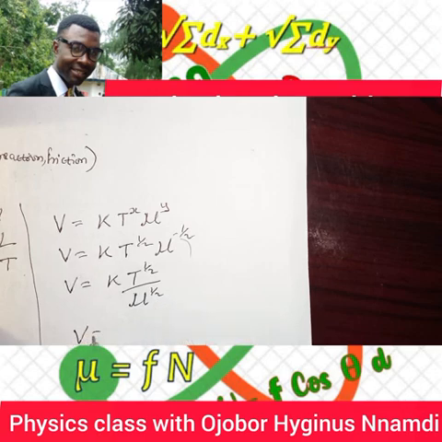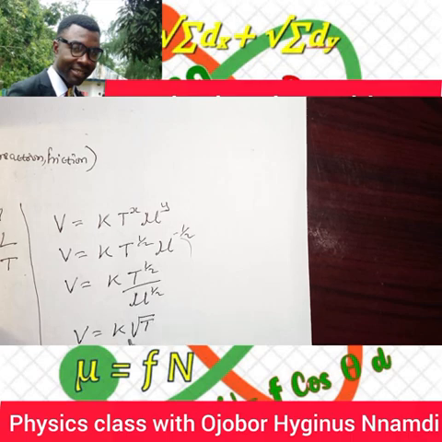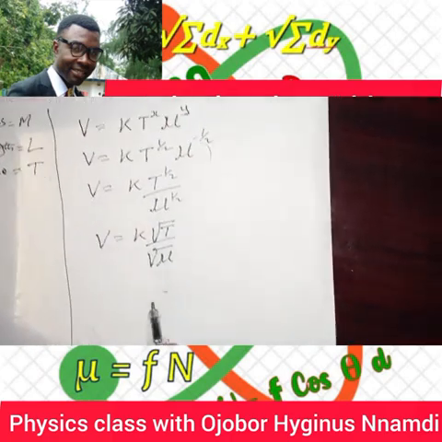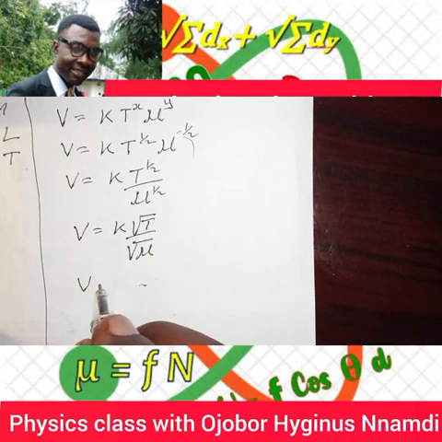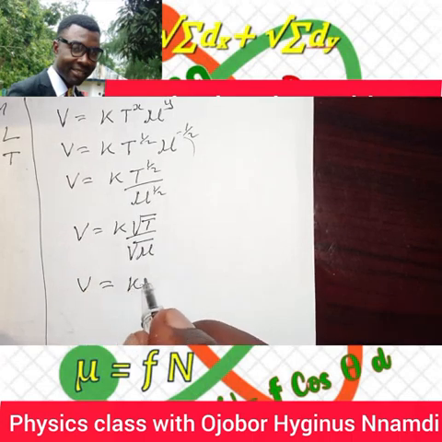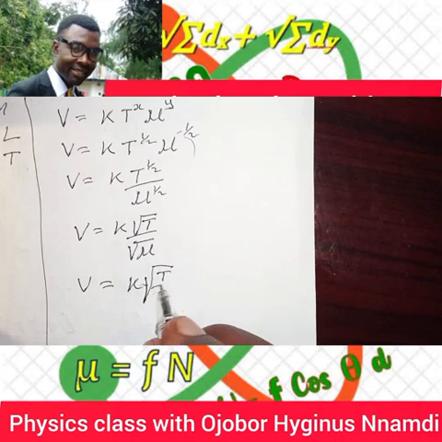So v is equal to k, and raised to power 1 over 2 is the same as root. So we can say the square root of t all over the square root of mu. And these two things can be put together to give us v equals k square root of t over mu.